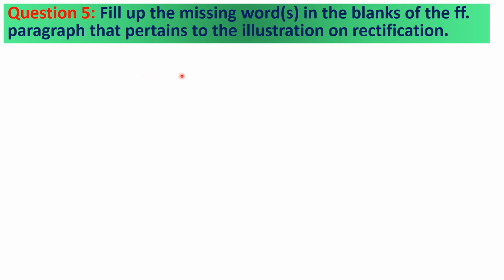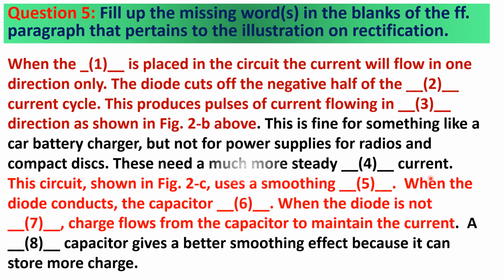Your task is to fill up the missing words in the blanks of the following paragraph that pertains to the illustration on rectification shown earlier. Here is the paragraph. When the blank, number 1, is placed in the circuit, the current will flow in one direction only.